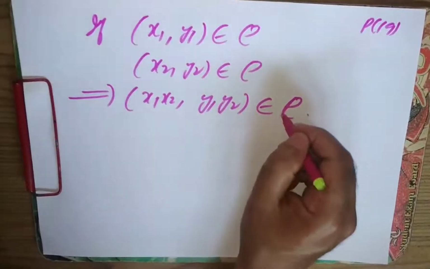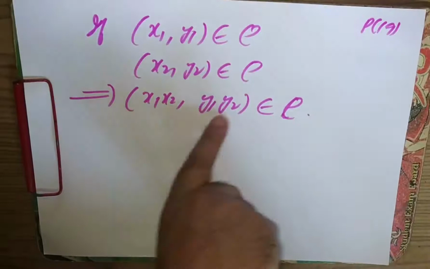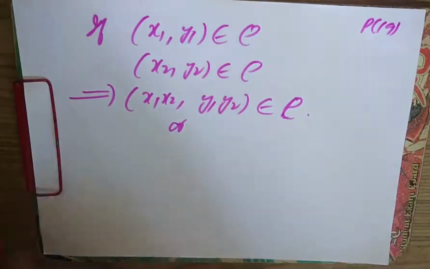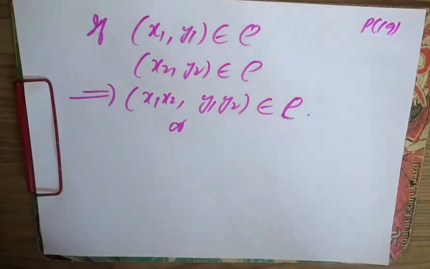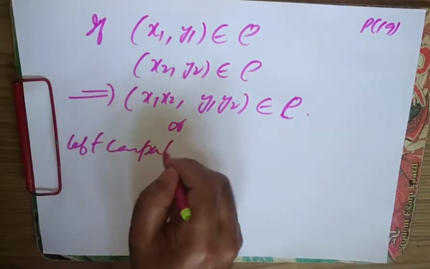So that's the compatibility with its binary operation. Or we can define left compatible like this. We can define left compatibility.